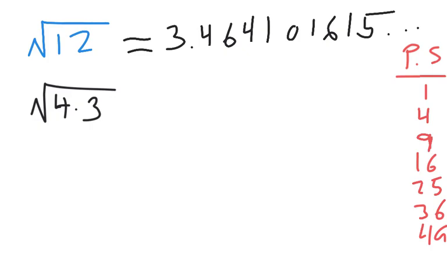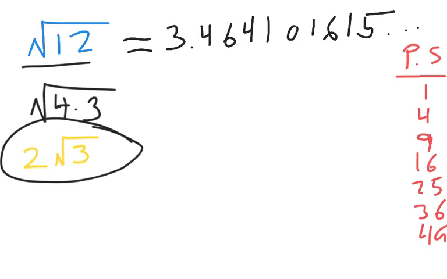That is 2. So because the square root of 4 is 2, we can take 2 outside the radical. And then what's left underneath the radical? 3. There's still a 3 left underneath the radical. So we can rewrite the square root of 12 as 2 radical 3.